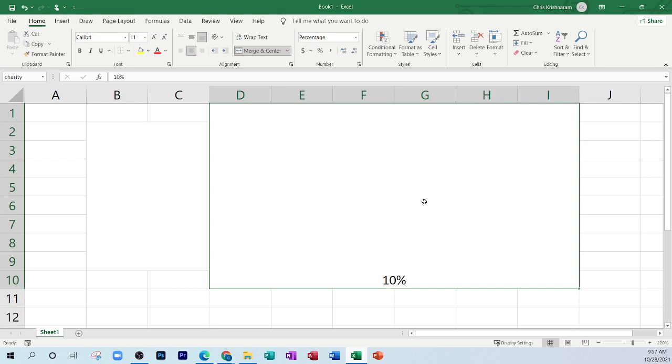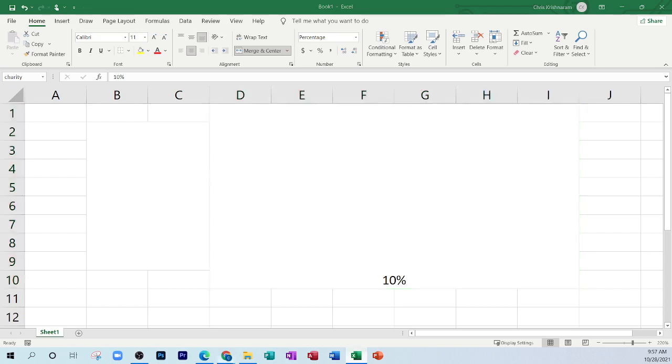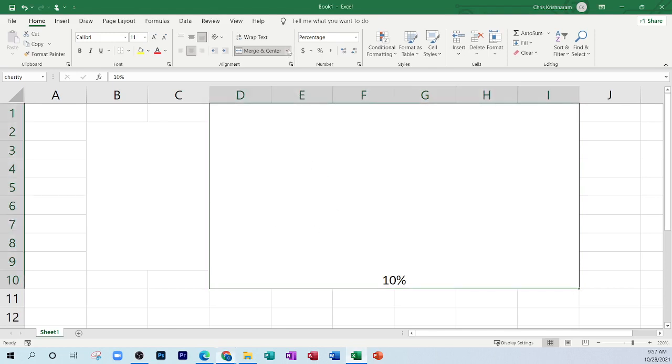Okay, sir. Thank you. Anyone with any other similar questions? Merge is different from merge and center. As the name indicates, merge and center is merging and putting it inside of the center.